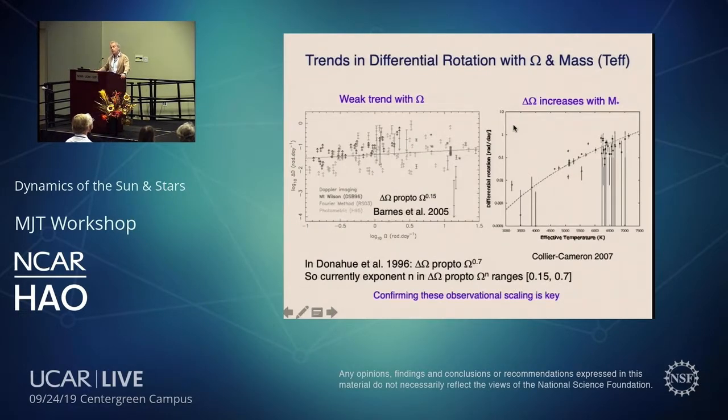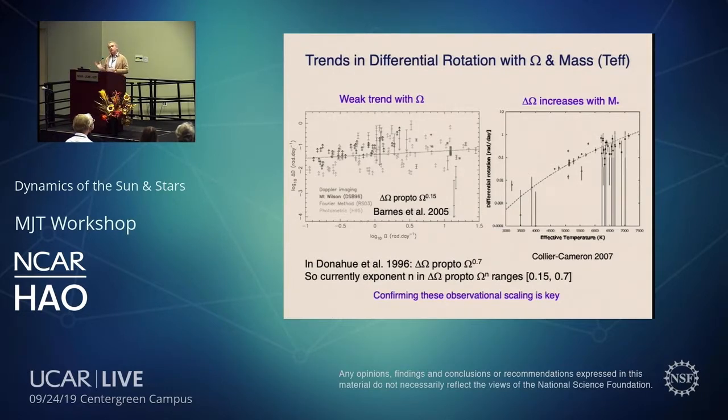We do have some clues on how differential rotation changes with global stellar parameters. We know, for instance, that there is a very weak trend of the amplitude of the differential rotation, delta omega, with the rotation rate. Some people say that it could be stronger, like Donahue et al. in 1996, but I think there is now a consensus that it's not too large a dependence.